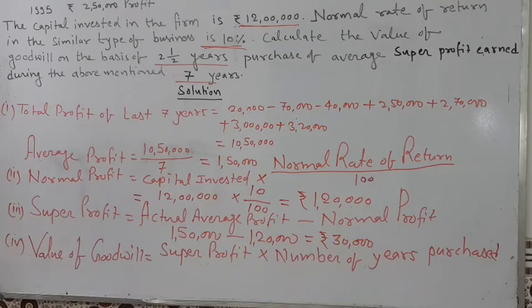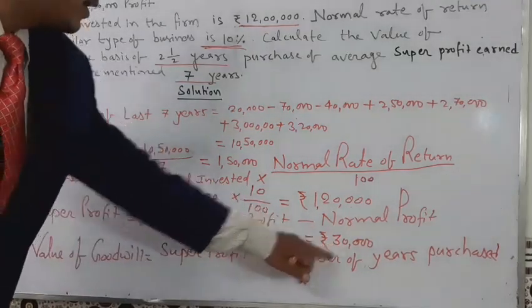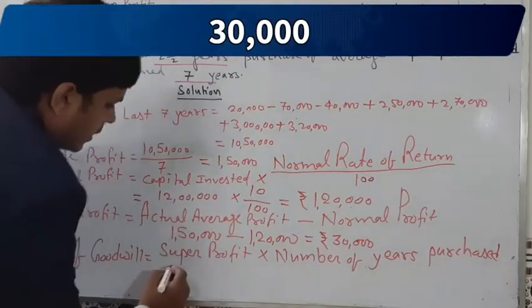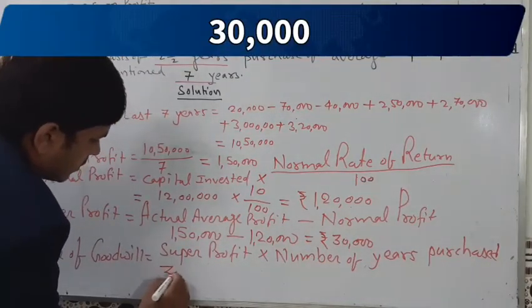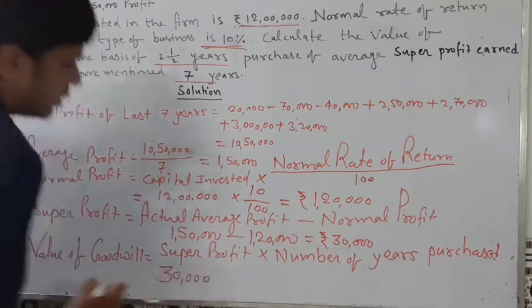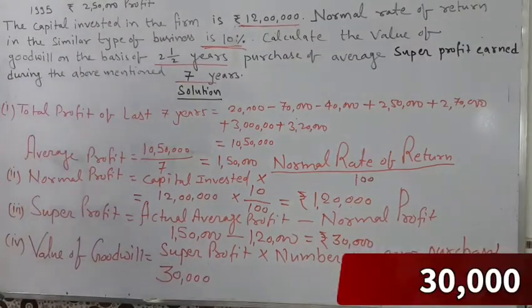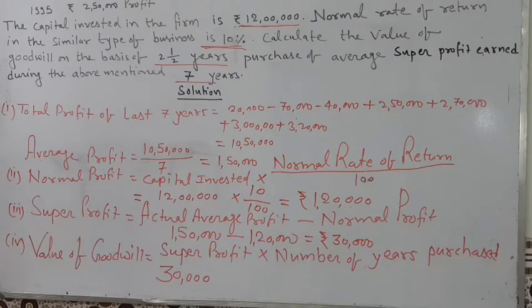So super profit into what? This is super profit. How much? 30,000. So here you will write 30,000 into number of years purchase. How much? Number of years purchase, you can see very well, is 2 1/2 years.